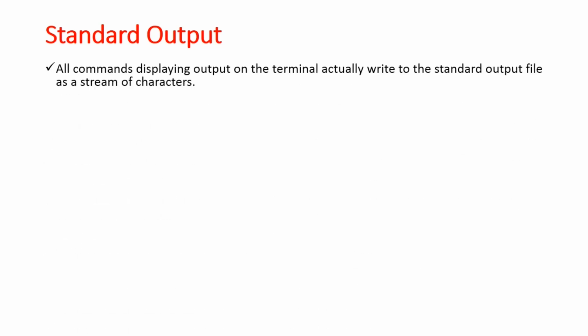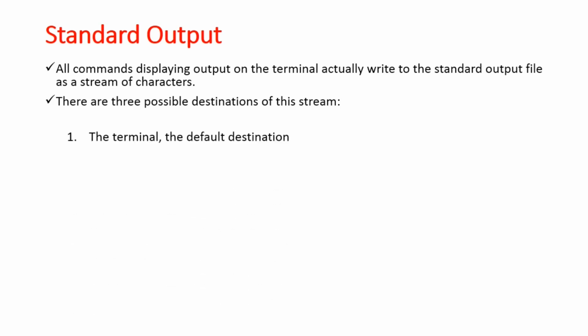Standard output. All the commands displaying output on the terminal actually write to the standard output file as a stream of characters. So all the commands display the output on the terminal as a stream of characters. There are three possible destinations of the stream.